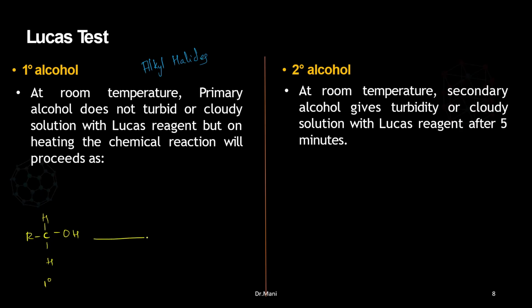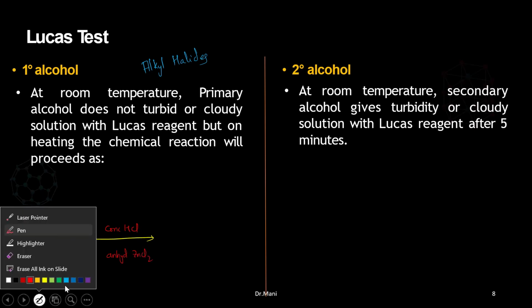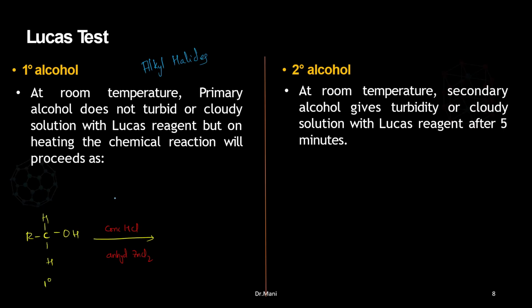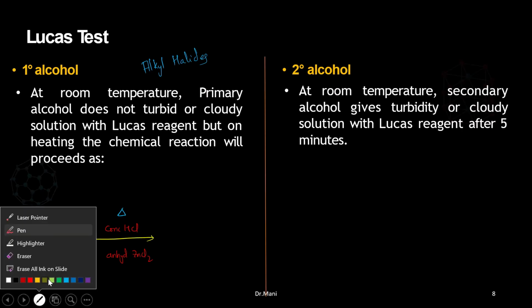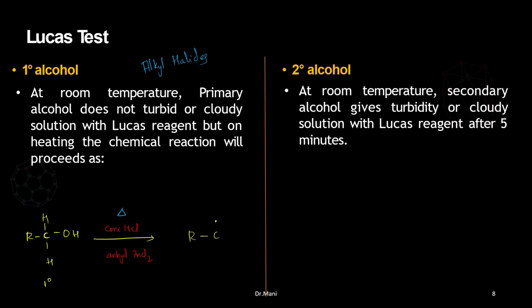This primary alcohol, in the presence of the Lucas reagent, that is concentrated HCl and anhydrous zinc chloride, and you must heat this reaction for it to happen. So there is heating, which will result in the formation of RCH2Cl. Only if you heat, the reaction will happen.